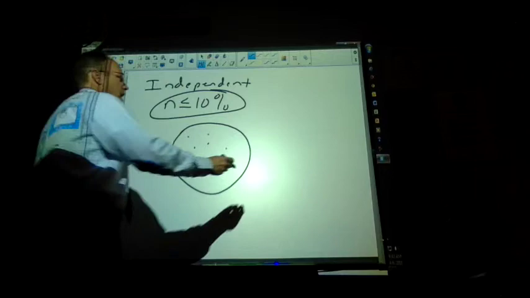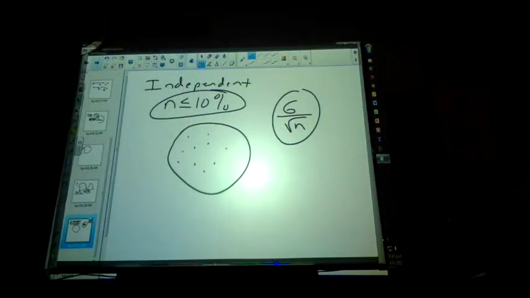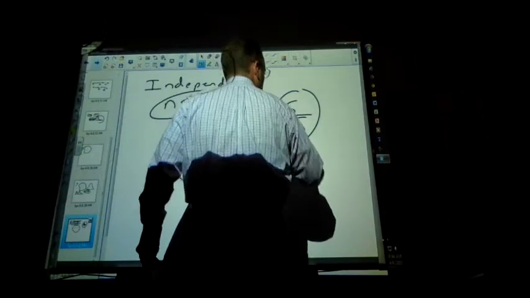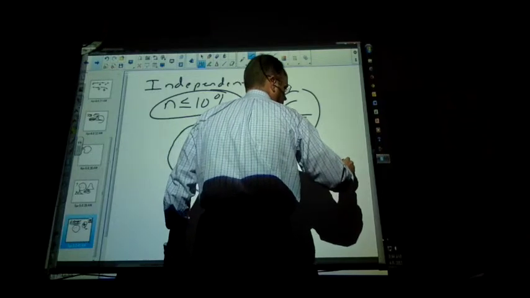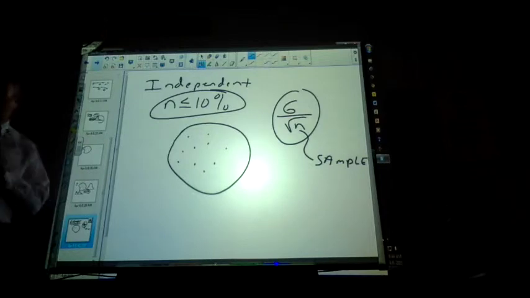Okay? And then the standard error, we've already talked about a little bit, is the standard deviation over the square root of the n, which is your sample size. Okay?